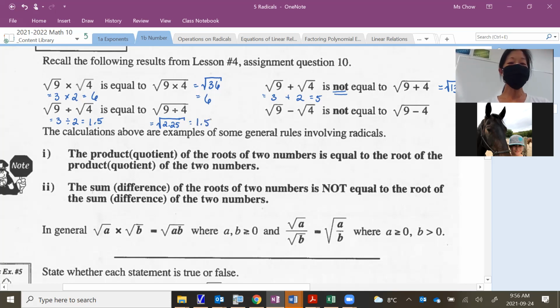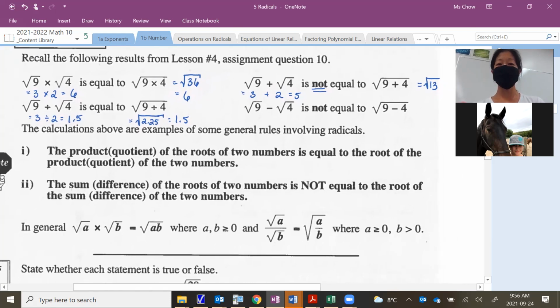So multiplication and division are equal. Anybody want to guess subtraction? They've already told us not equal. How come? Square root of 9, 3, minus 2 is 1. Square root of 9 minus 4 is the square root of 5, not the same.